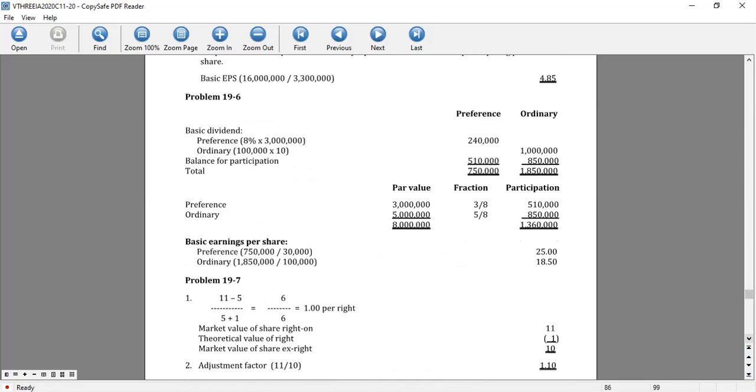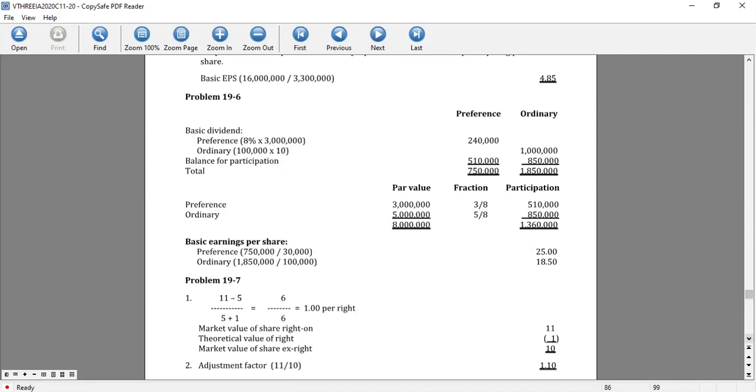So we have 8% multiplied by a preference share capital of 3 million, so 240,000. Then to ordinary, as stated, we have a 10 peso. After the ordinary share has been paid a dividend of 10 per share. So we have 10 times 100,000 ordinary shares or 1 million.